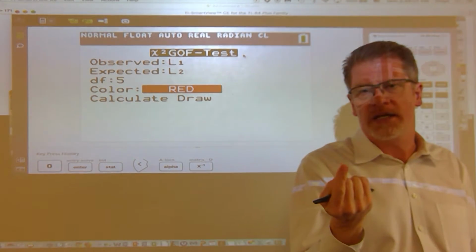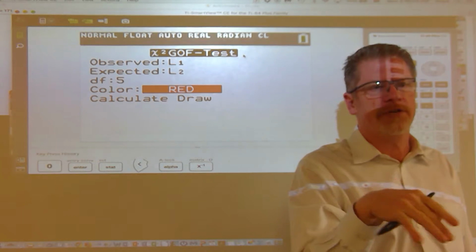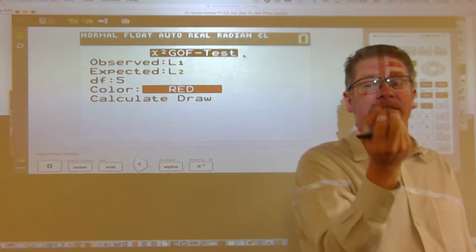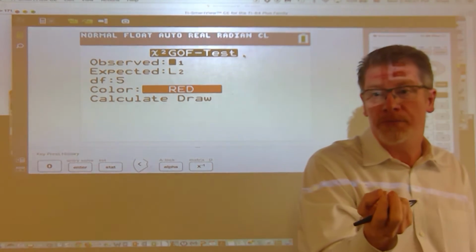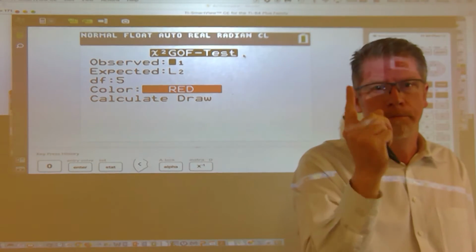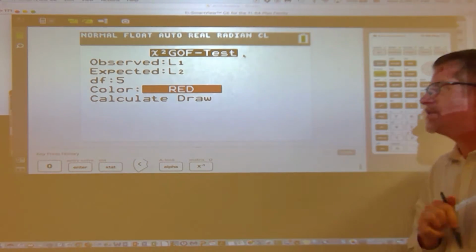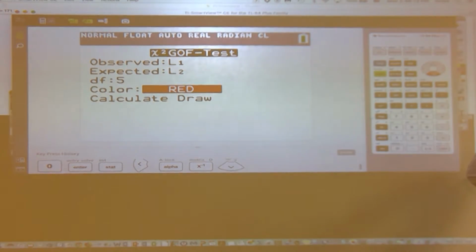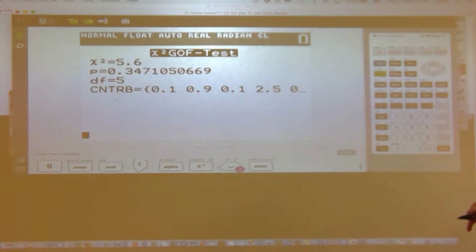When you run a stat test C, the calculator will calculate the expected values for you and put them into matrix B. But for a chi-squared test for goodness of fit, you have to do the thinking and manually enter the expected values into list 2. Now what it's doing is observed minus expected squared over expected, adding them all up to get a chi-squared value.